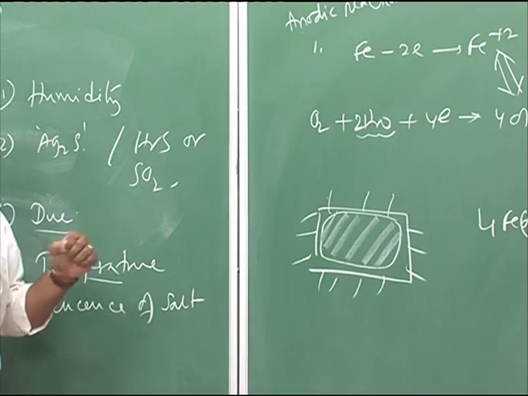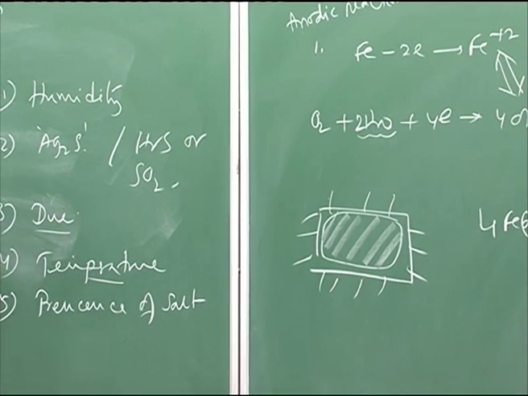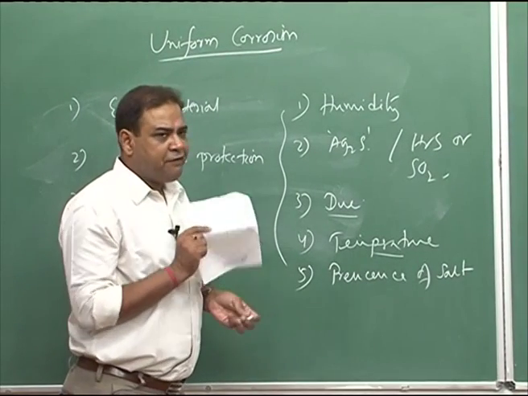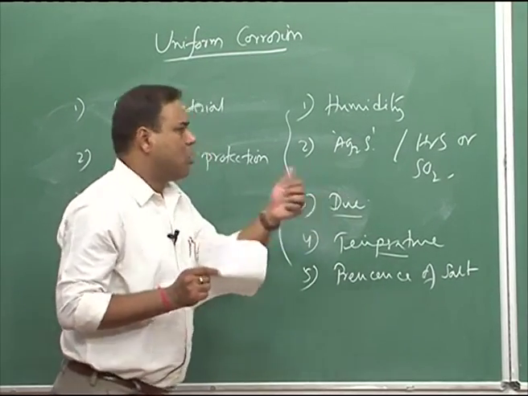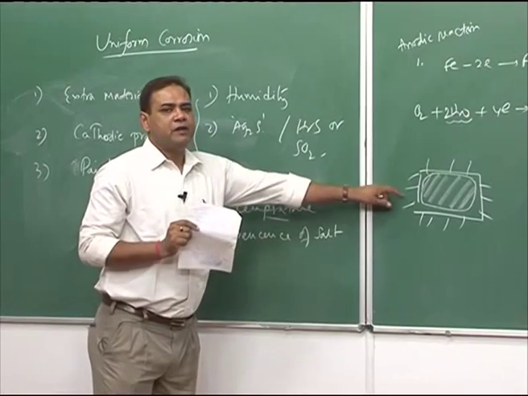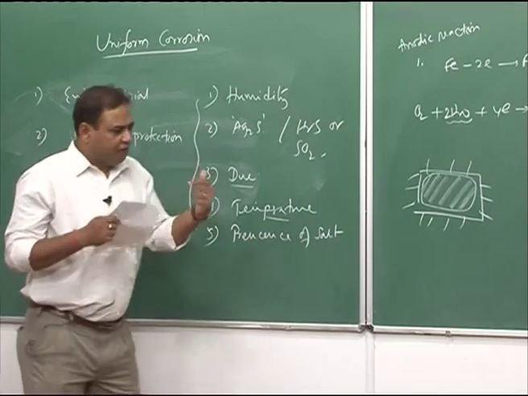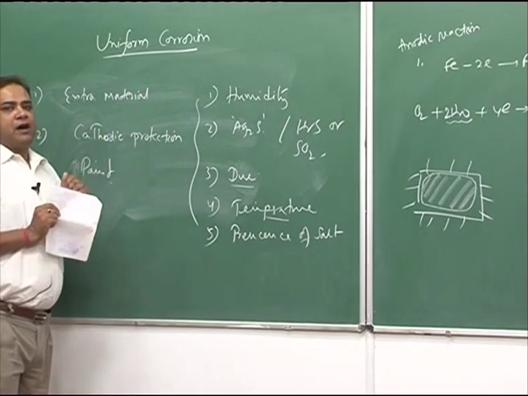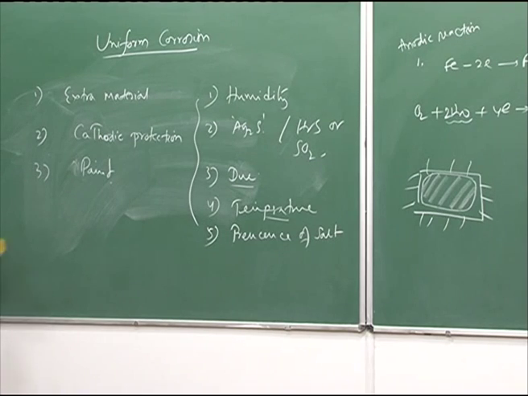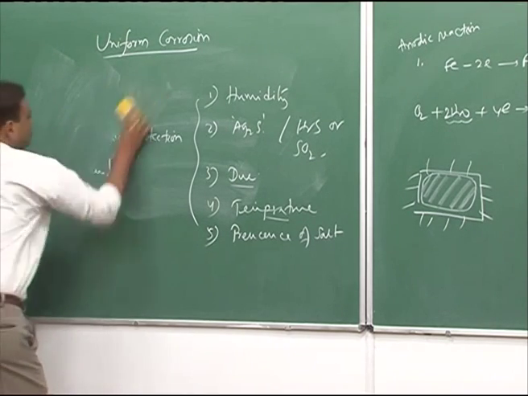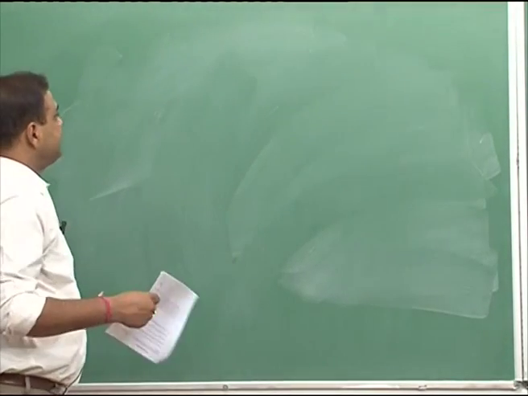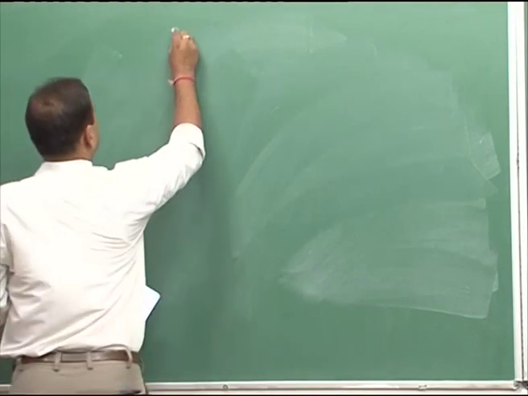But most localized corrosion is very difficult to detect by normal naked eye observation. So, those corrosion phenomena are to be looked at very carefully and studied properly. Let us get into the first example of localized attack, which is galvanic or two metal corrosion.